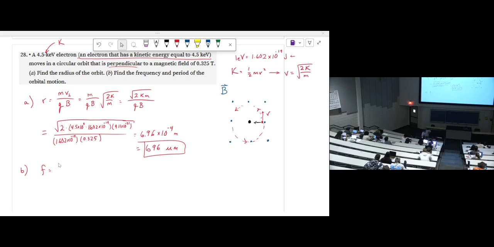Frequency is going to be qB over 2 pi times m, and that comes out to be 9.09 times 10 to the 9 hertz, or per second, or that's going to be 9.09 gigahertz. And T, which is equal to 1 over F, is going to be equal to 110 picoseconds.